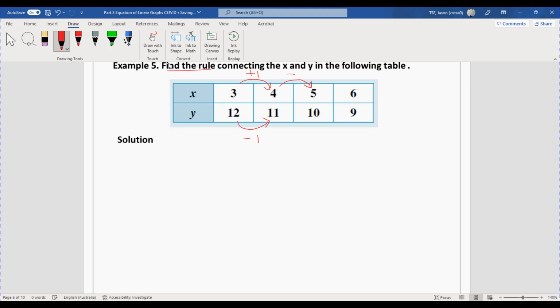If y is decreasing, minus 1, minus 1, minus 1. So that means when x is increased by 1, y is always decreased by 1. It's a linear relationship because that's a constant rate between the change in y versus change in x.